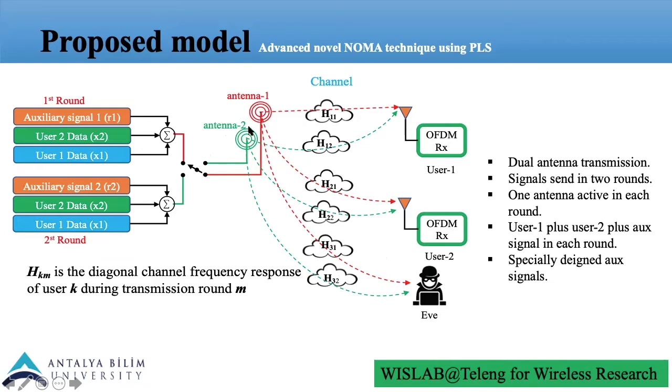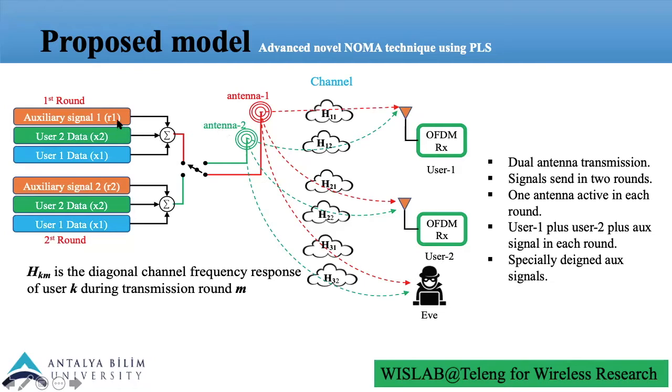If, for example, antenna two is active, antenna one is inactive. And then in the second round, antenna one is active, antenna two is not active. So how do we send this information? We calculate auxiliary signals, R1 and R2, which will be sent in round one and round two.